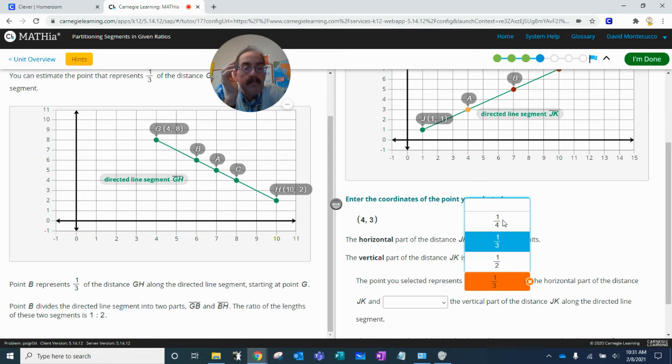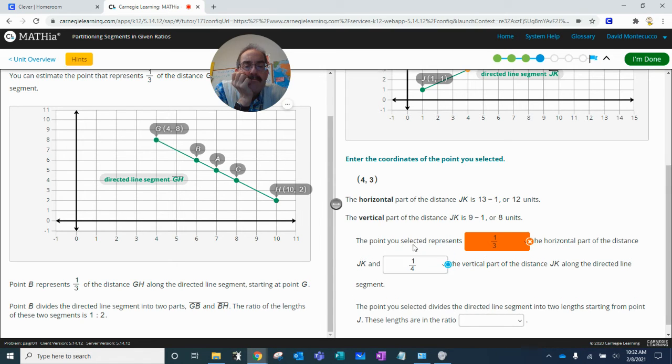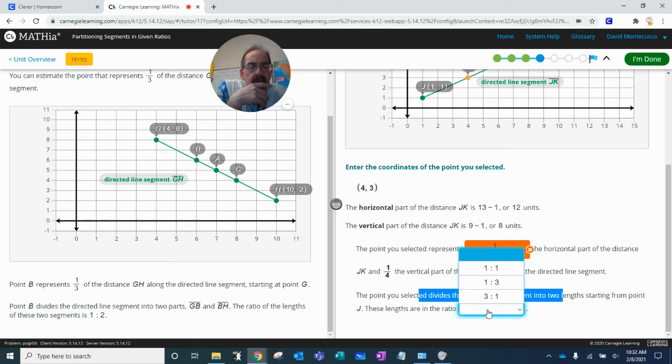Hello. The point you selected divides the directed line segments into the ratios of 1, 3.